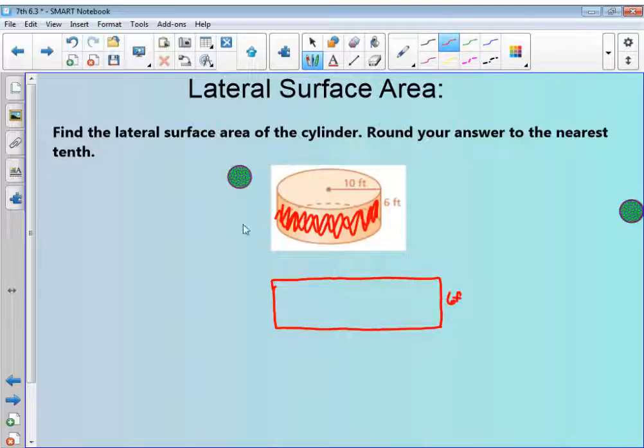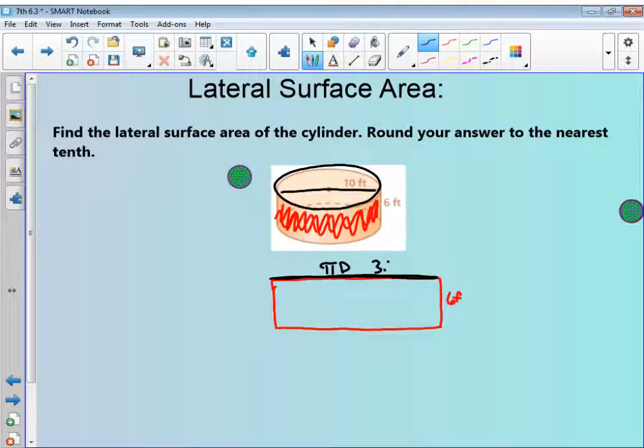And the distance around this is our circumference. Well, that's the same as this. Remember that from part 1. Our circumference of a circle is pi times diameter. Our diameter on this would actually be 20 across.